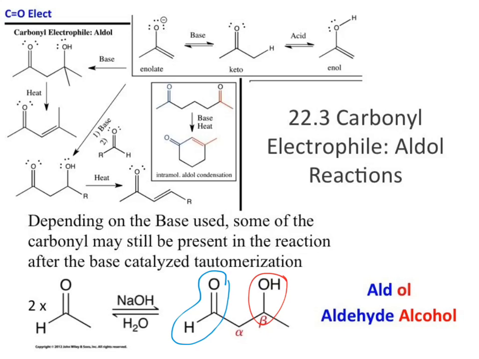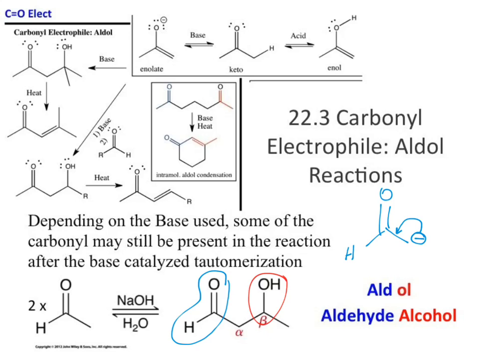If we use a really, really strong base, what's the species that's present? It's only that species. Why does that get rid of our electrophilic carbon? Well, it's now resonance stabilized. So a really strong base prevents the aldol reaction from occurring.